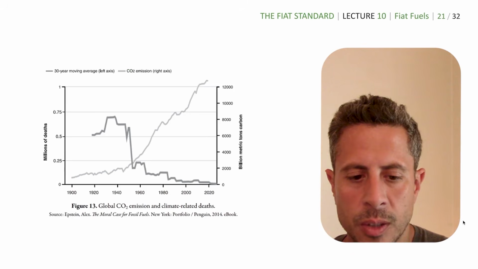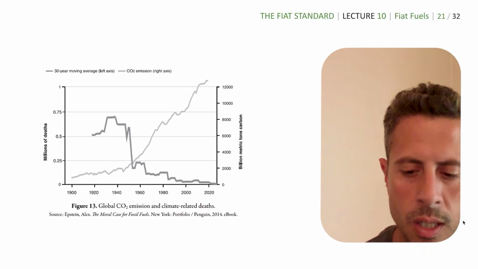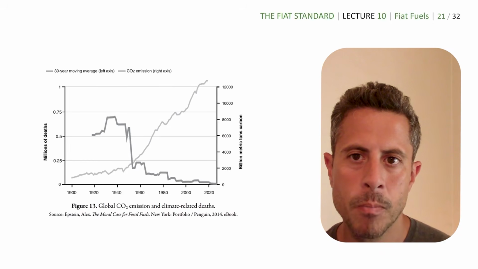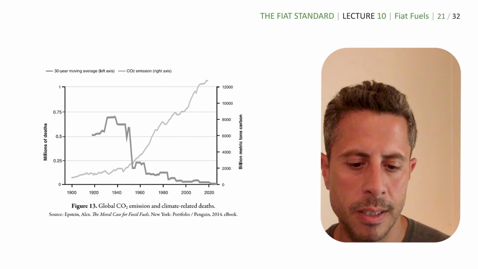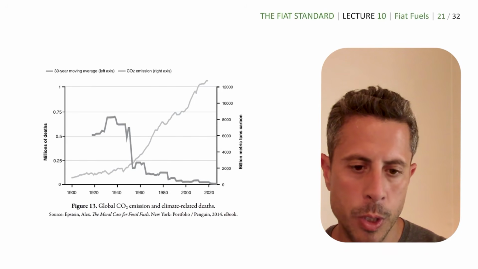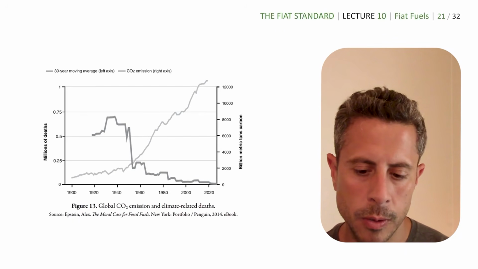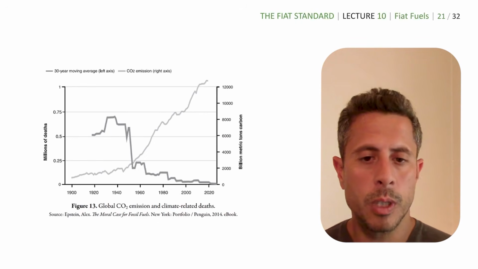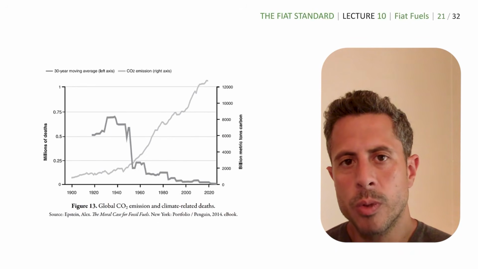And in fact, the real issue here is not only that we're finding the link between our emissions and CO2 to be very little, to be very vague. We also don't really know if the link between CO2 and temperature is really all that causal.